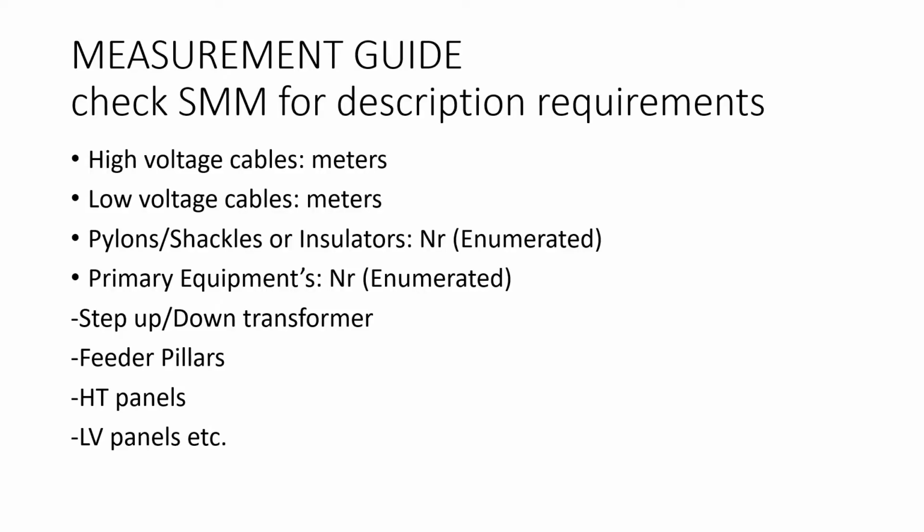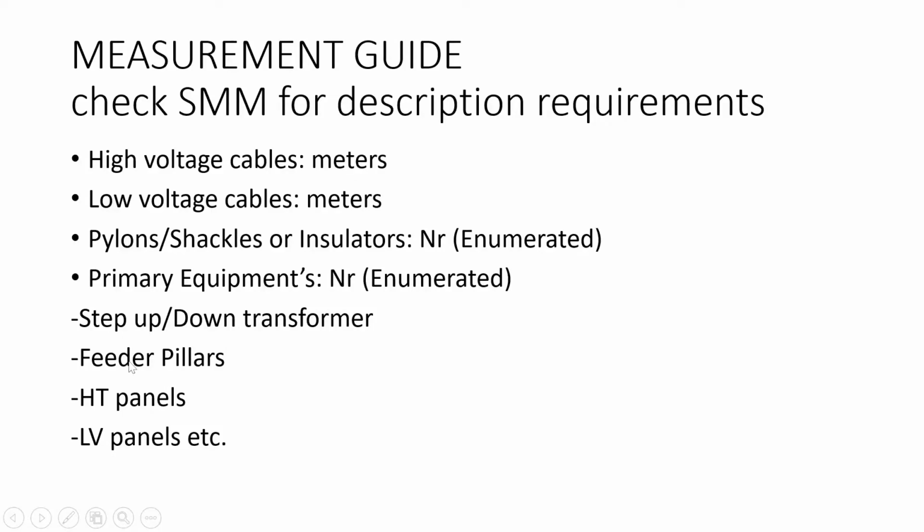So you describe what kind of transformer it is. What is the rating of the transformer? Where is the transformer going to be located? Is it going to be mounted on the pole, or is it going to be mounted on the ground? So you are going to be getting that in your SMM on how to carry out your description.